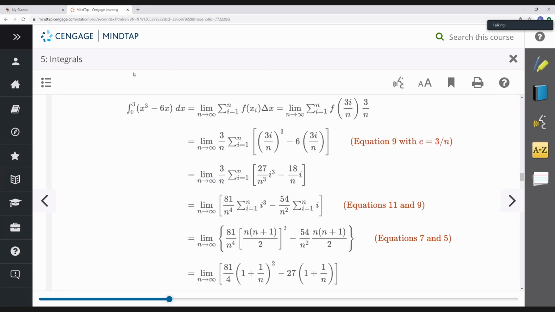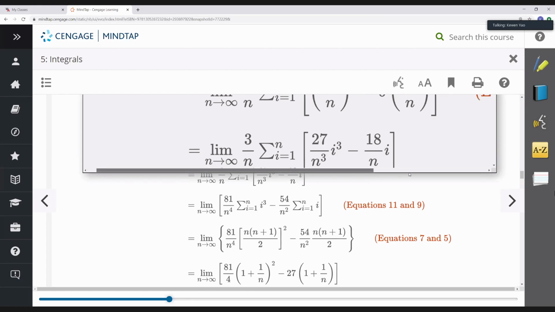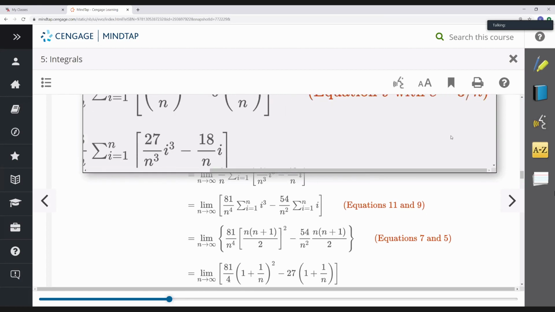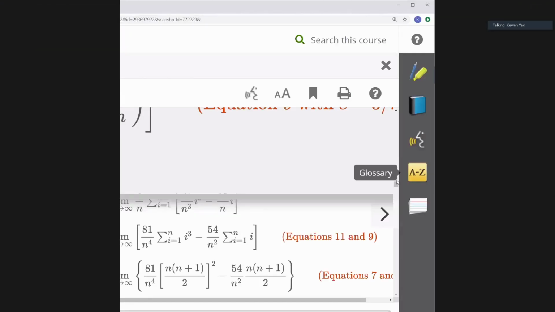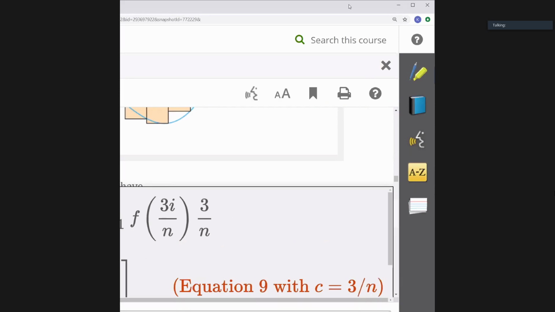Can you see it? Yeah, I see. Let's see it very clearly.